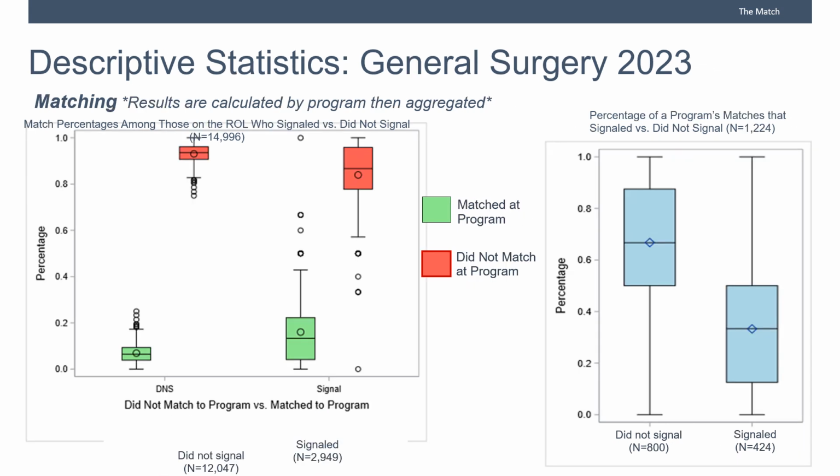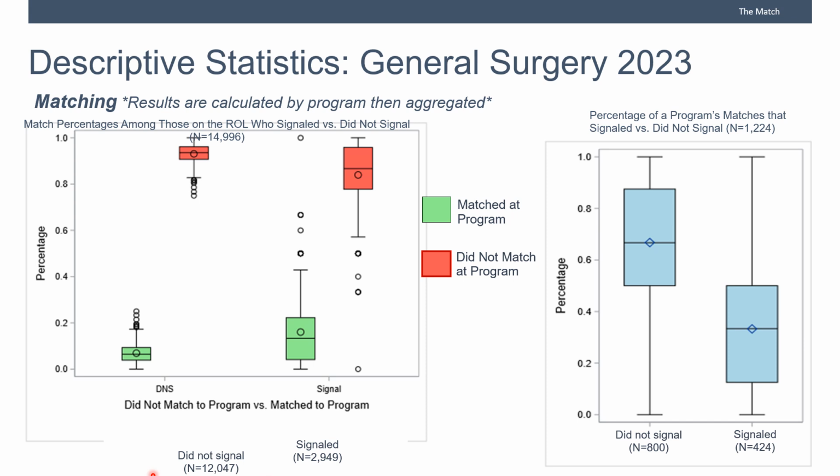And lastly, we want to go over our matching descriptive statistics here. Focusing on this box plot on the left, it shows the percentage of matching to that program versus not matching to that program based on whether they signaled or did not signal.